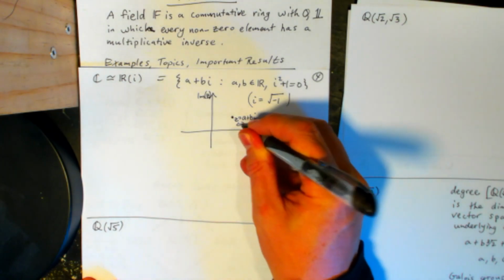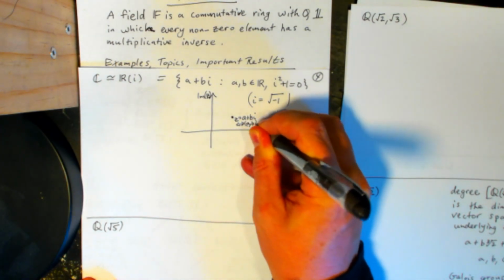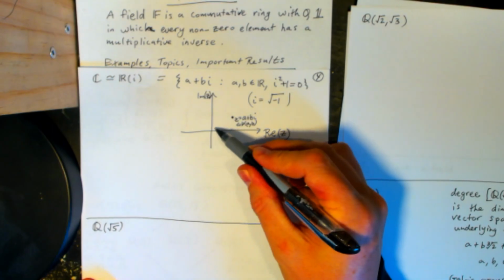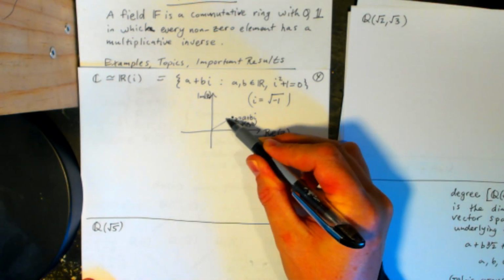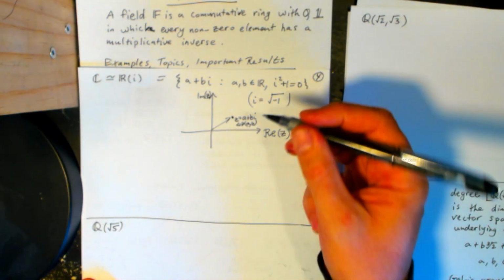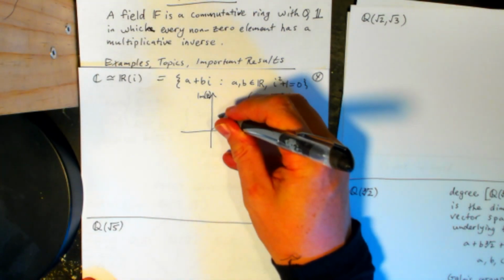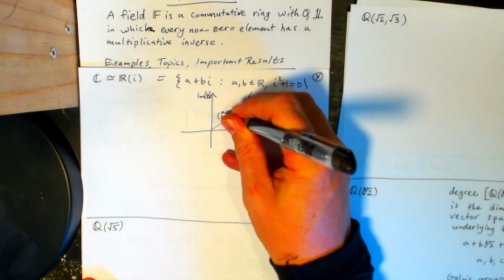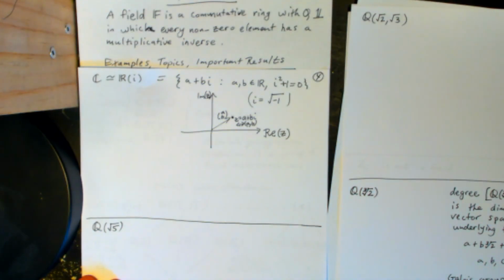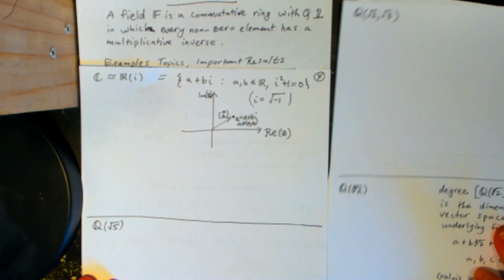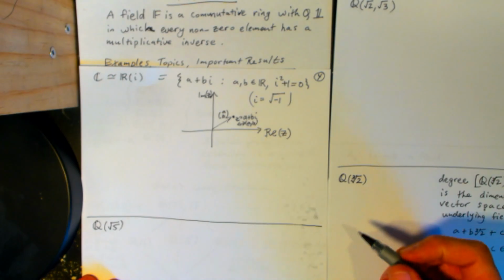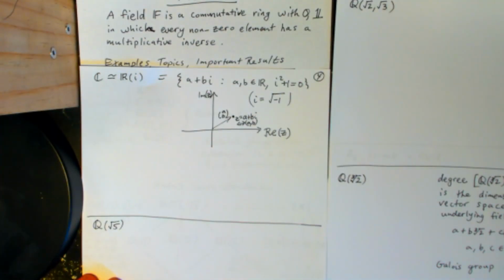Okay, so this corresponds to the point (A, B). And also there's a vector here, right? So we can think of the vector (A, B), and I'll write this vertically.